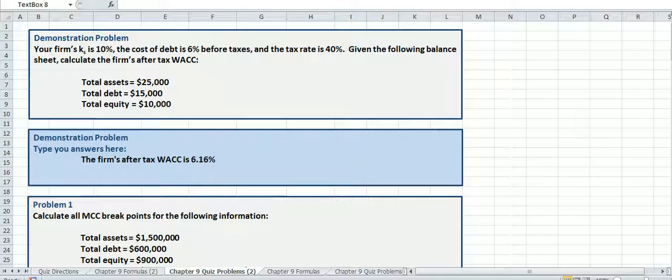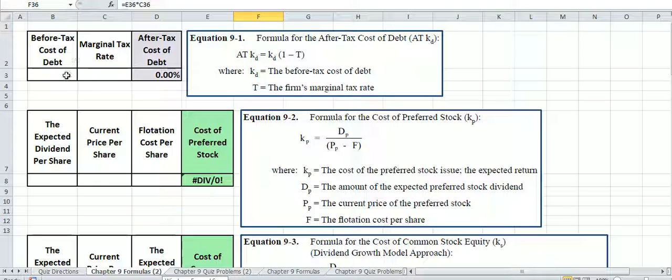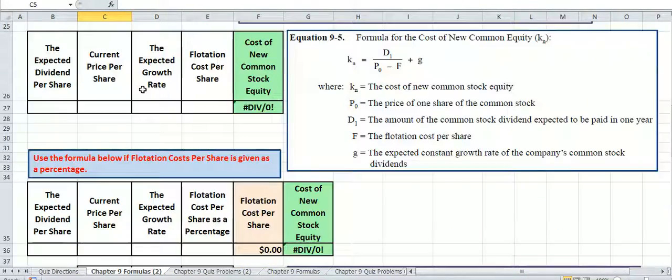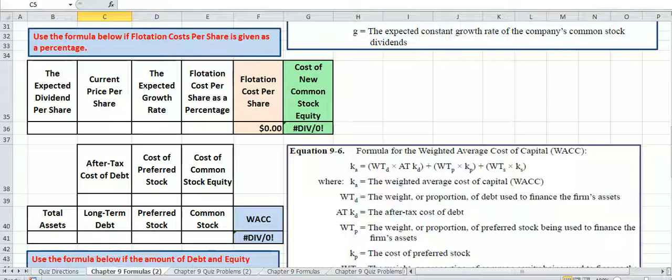The first thing we need to do is compute the after-tax cost of debt. So we jump over here to the formulas, and we put the before tax cost here, the tax rate there, and we get our after-tax cost of debt, which is 3.6%. And then we jump down to our weighted average cost of capital formula, which is right down here.